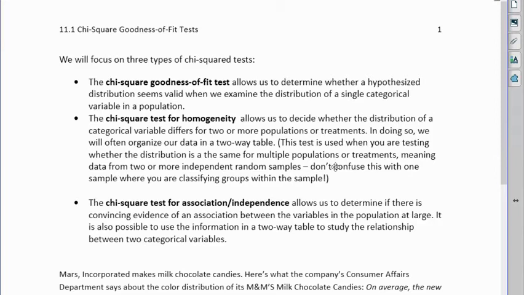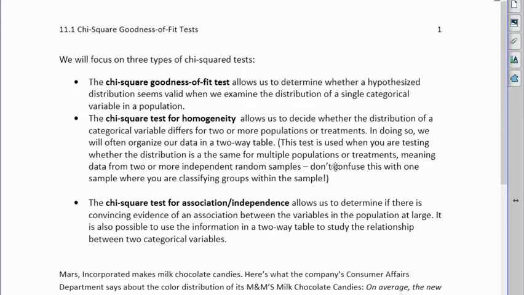Chapter 11, having finished tests for quantitative data, we're now looking at the one type of test that's going to be available to you on the AP test for categorical data.